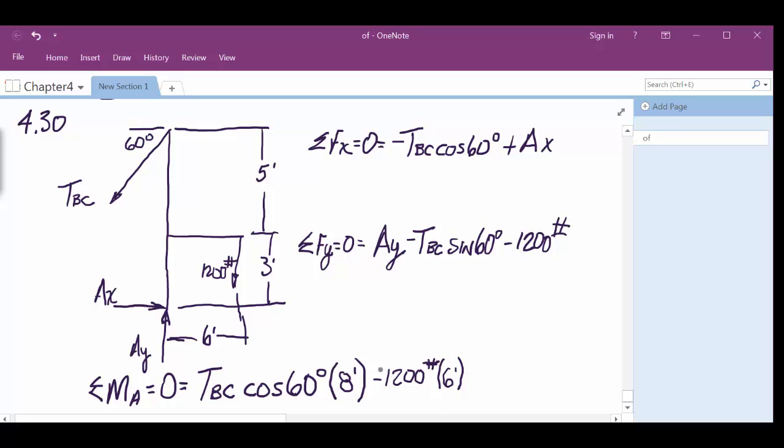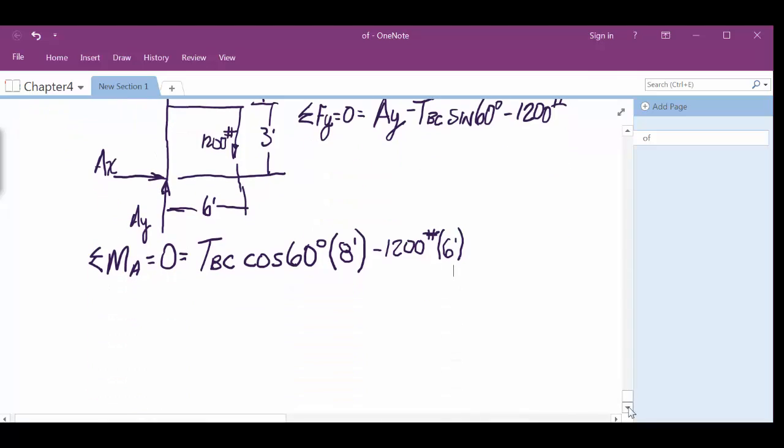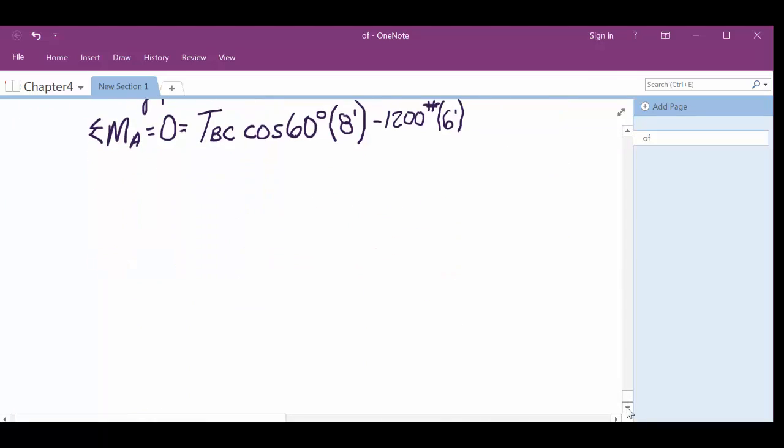Okay, so now we can put the 1,200 pounds on the opposite side of the equation.